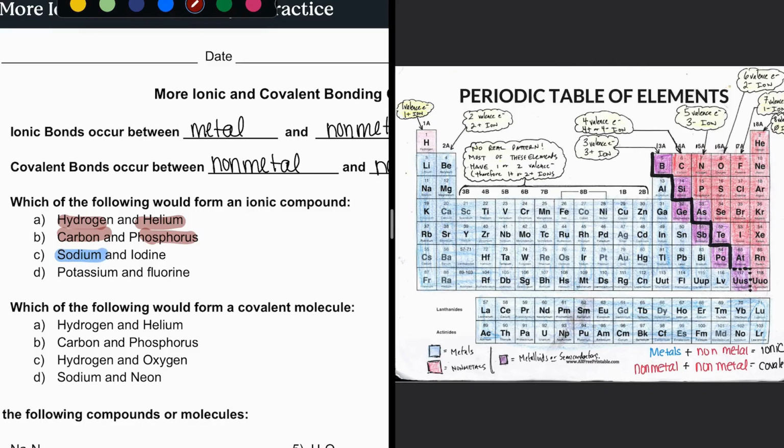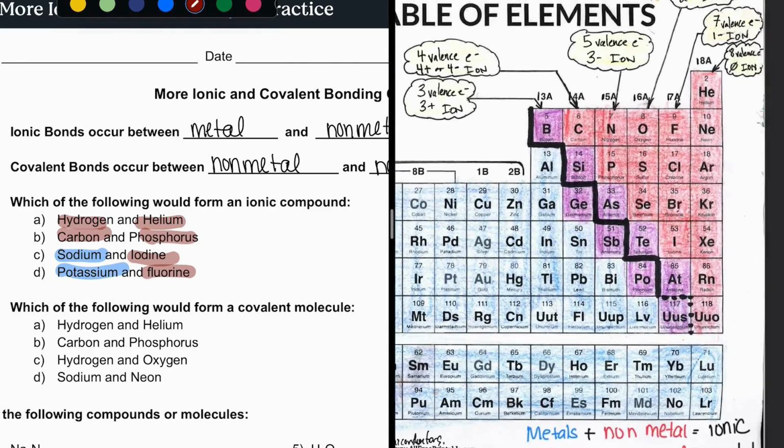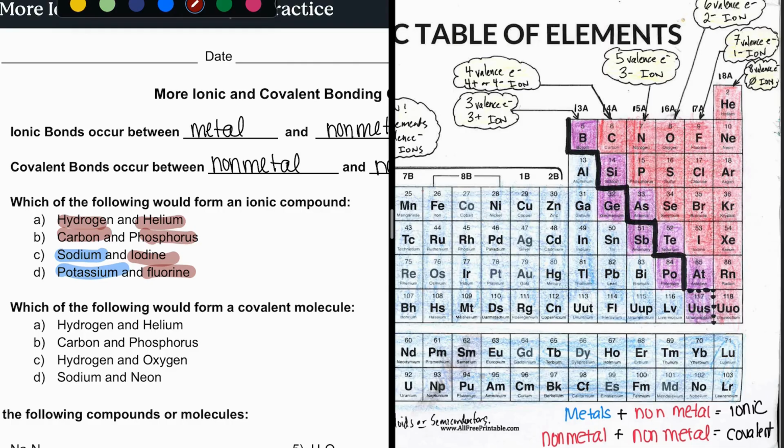Iodine is a nonmetal. Potassium is a metal. And fluorine is a nonmetal. So we just said that an ionic bond is formed between a metal and a nonmetal. So I need my combinations where I have a metal and a nonmetal. That tells me that my answers are going to be C and D for number 3.